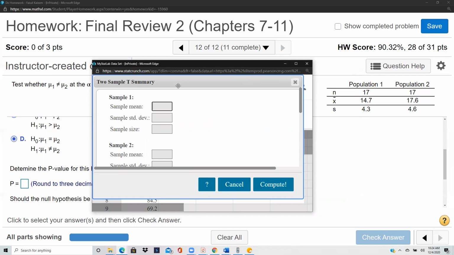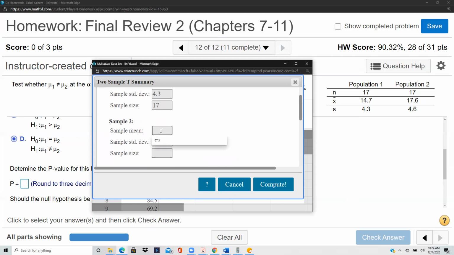So for the first one it's going to be 14.7 for mean, 4.3 for standard deviation, and 17 for the size. And for the next one, it's going to be 17.6 for the mean, 4.6 for standard deviation, and 17 for the sample size.